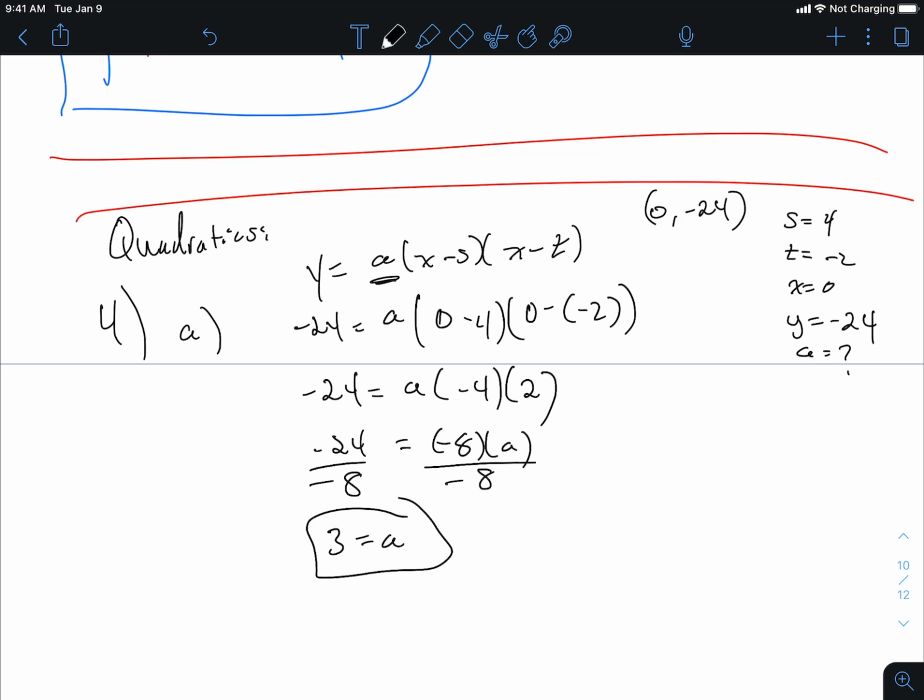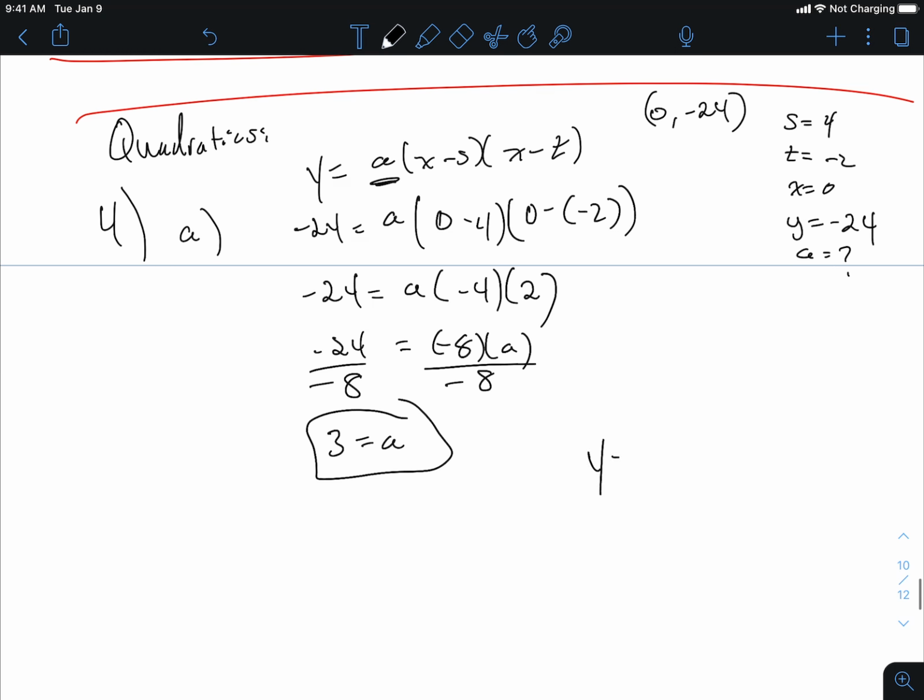And then you rewrite the equation. So it's y equals 3(x minus 4)(x plus 2). Done.